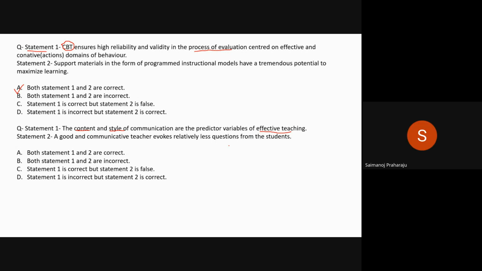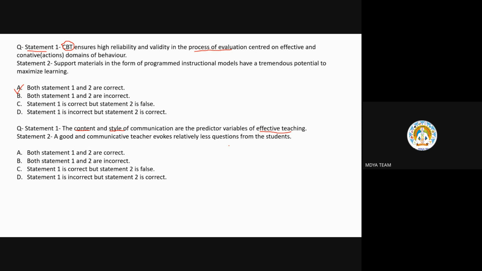A, ma'am. Both 1 and 2 are correct. Read the statement 2 again. It is telling less questions. Evokes relatively less questions. So if I want to be a good teacher, I have to ask few questions from you. So statement 1 is correct and 2 is false.